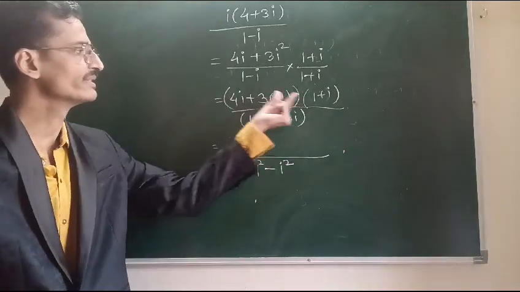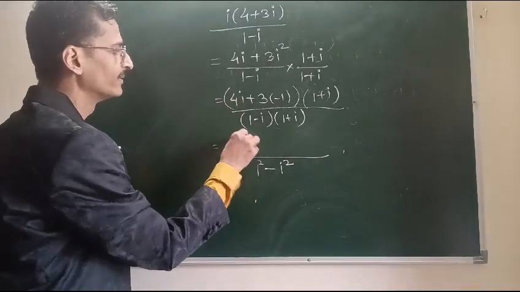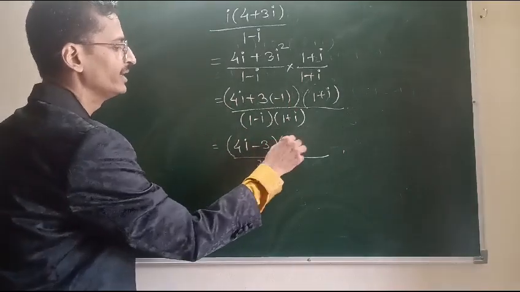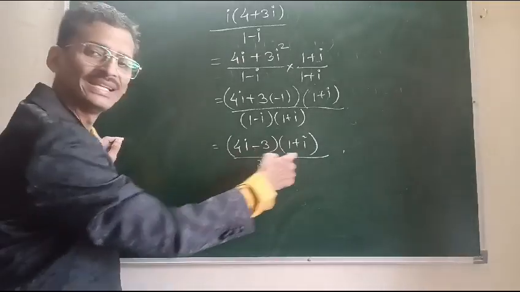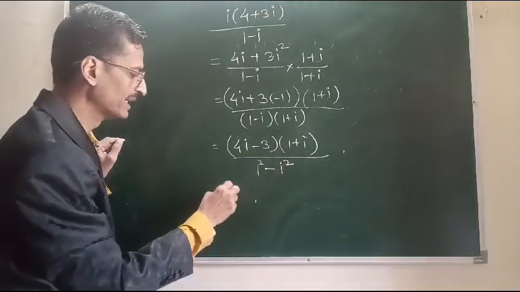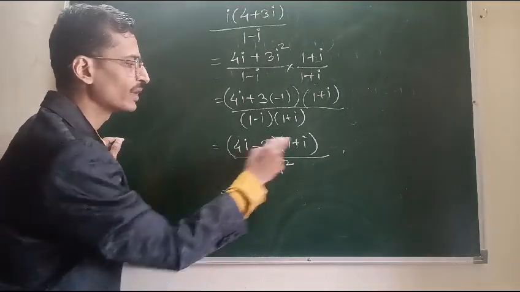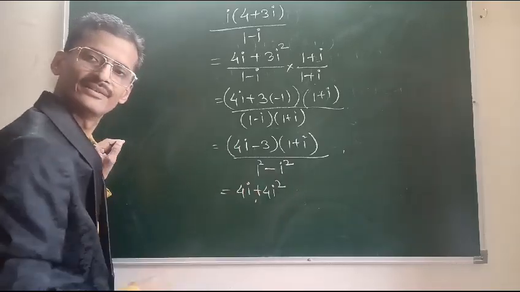So now simplify this. 4i plus 3 into minus 1 is minus 3, into 1 plus i. Now we know how to multiply two complex numbers. So multiply this. 4i into 1 is 4i. 4i into i, that is what? 4i square.